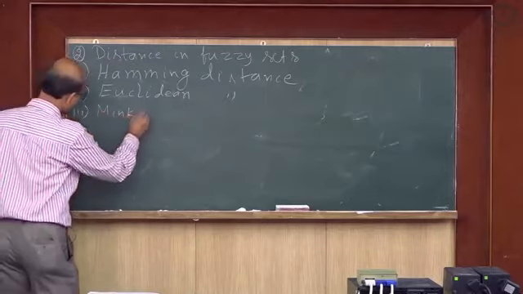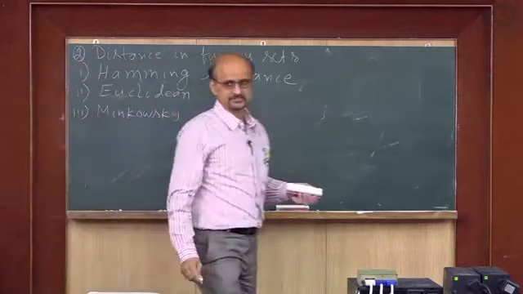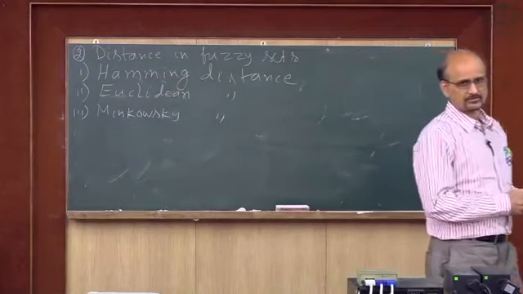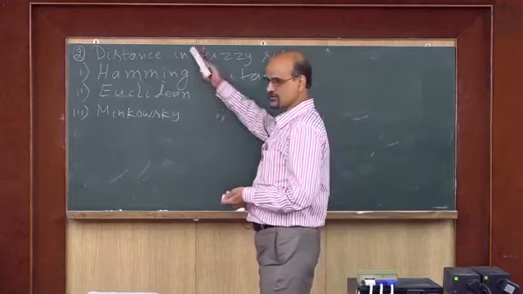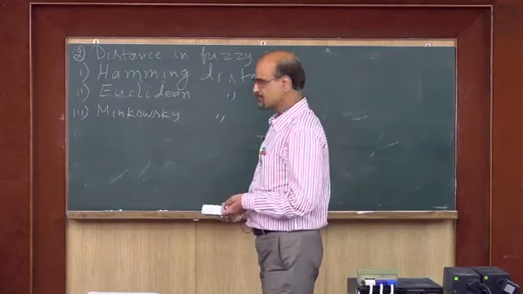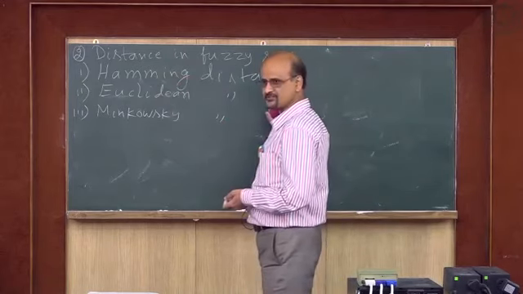Then Minkowski distance. Okay? So, let us take these distances one by one. These are also called measures. So, first define what is Hamming distance.